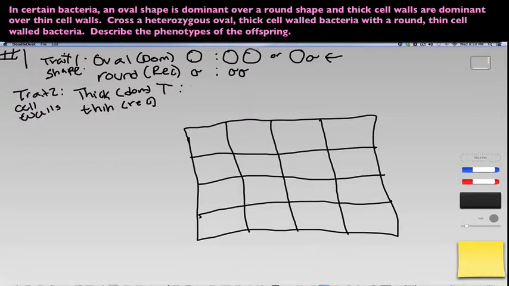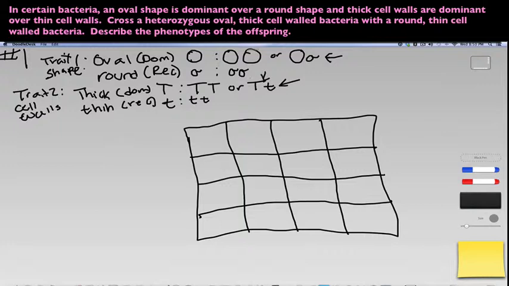And so there's two ways to have a thick cell wall, homozygous dominant or heterozygous dominant. So you can see here both of our different options. And then when we talk about our recessive trait, we're going to use the little t, and again, only one way to be recessive, homozygous recessive. Again, notice how my little t over here definitely looks different than my big T over here.